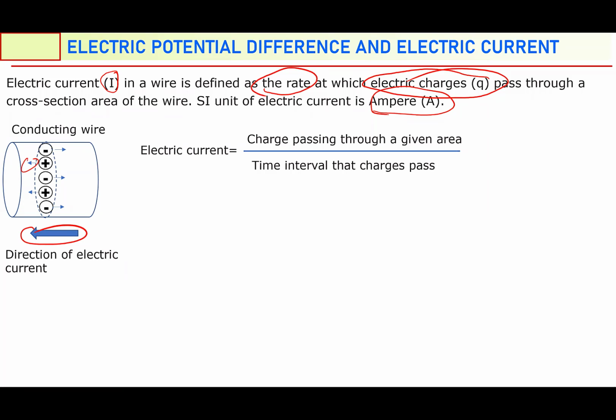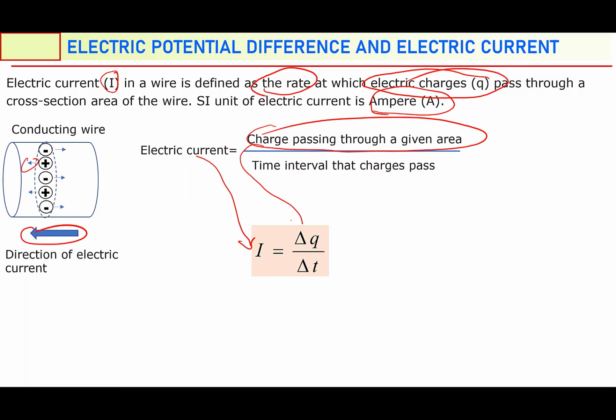If I write this equation with symbols, electric current is capital I. Charge passing through a given area is delta Q, because as time passes, the amount of charge that passes changes. That's why we should write delta. Time interval is delta t. Delta Q over delta t is the equation for calculating electric current.